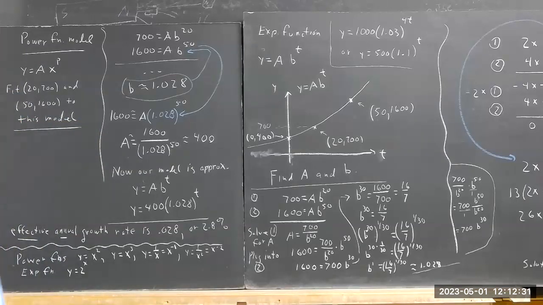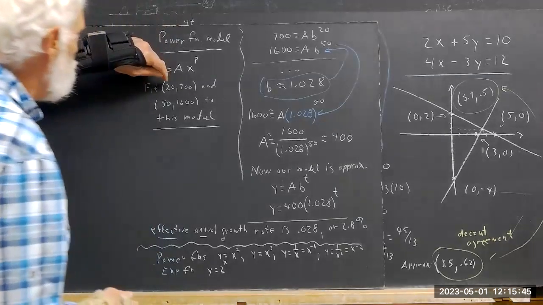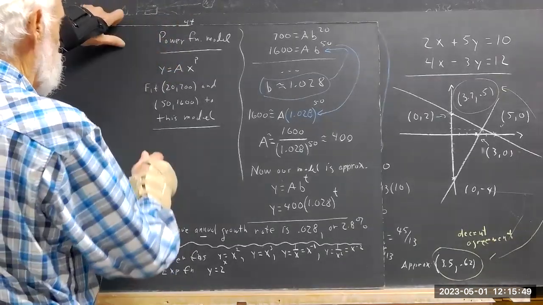So can you write down the simultaneous equations and then think about what you would do to solve them? Okay, you did very well. So we plug in 20 and 700: 20 is going to be x, 700 is going to be y.